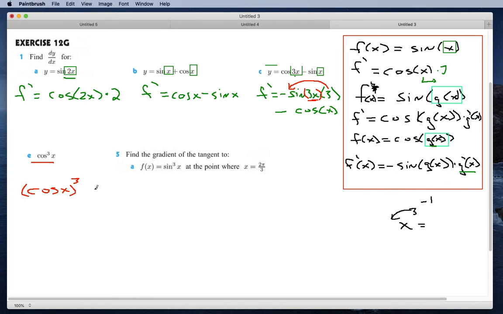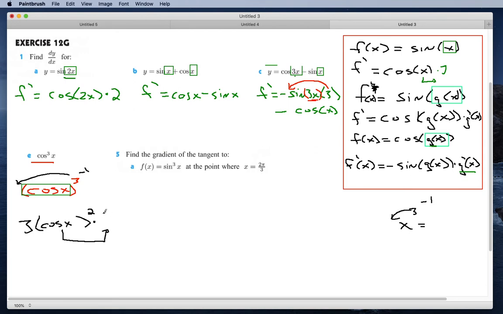So if you looked at the chain rule for functions that are in brackets to the power of n, normally what we're going to do is bring the 3 out in front, and this here, I call this my block in this case, and that doesn't change. So I bring the 3 out in front, cos x stays the same, I subtract 1 off there to get 2, and now we have to make sure whenever we have this format, we take this and chain on the derivative of what's inside our block.